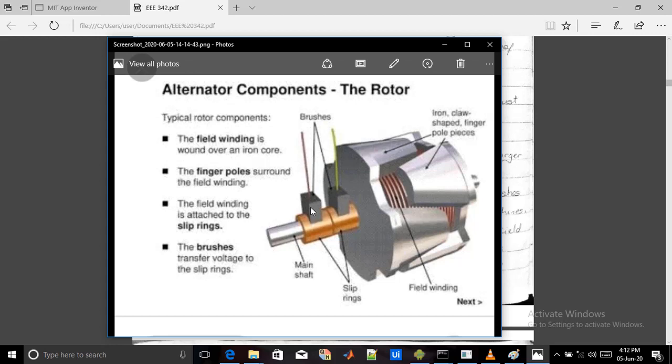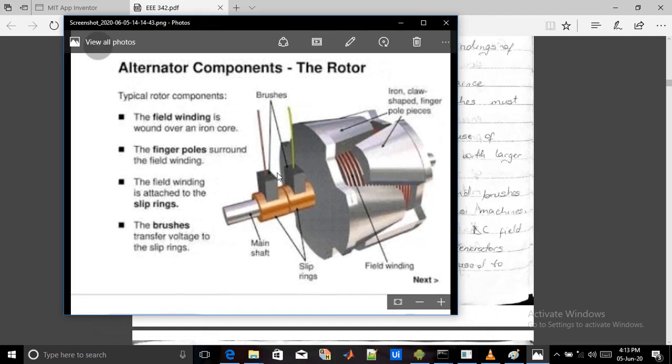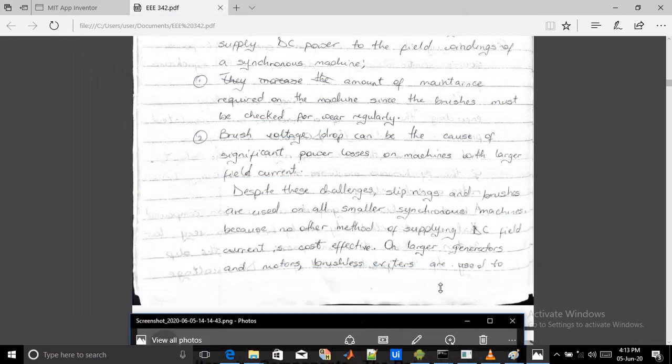So now if a high field current is passed through it, the voltage drop will be high, because regardless of the fact that your resistance is low, since your current is high and V is equal to IR, it's going to give us a high voltage drop. If there's a voltage drop here, it's going to be deducted or subtracted from the voltage that you'll be expecting at the field winding. So it will lead to loss.